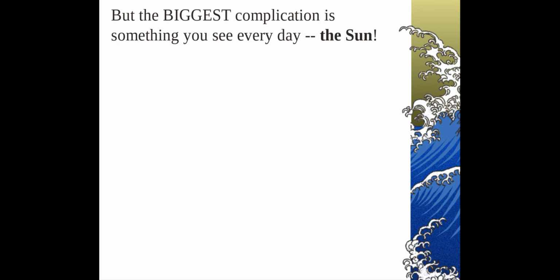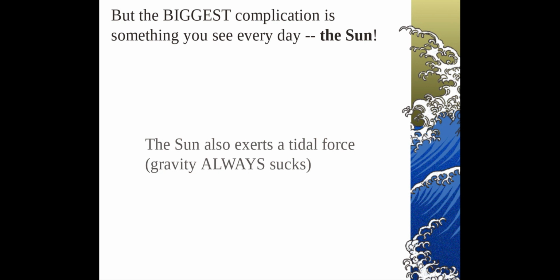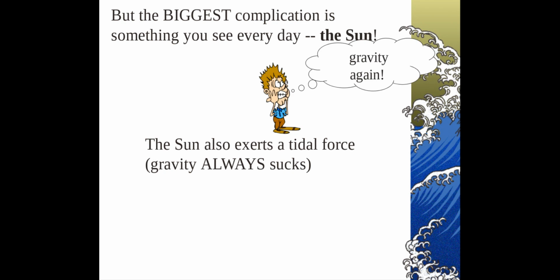One of the biggest complications is something that you see every day: the sun. Remember, the sun also has a gravity that is exerted onto the Earth, so it's a tidal force. Remember that gravity always sucks. Oh no, it's that gravity thing again.